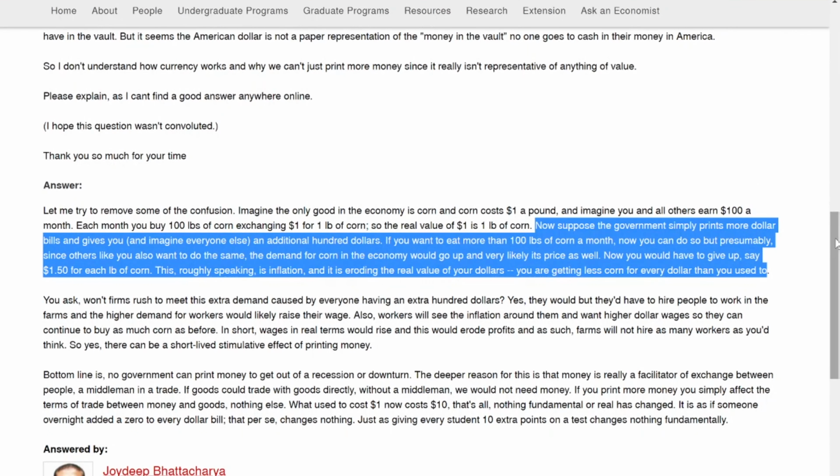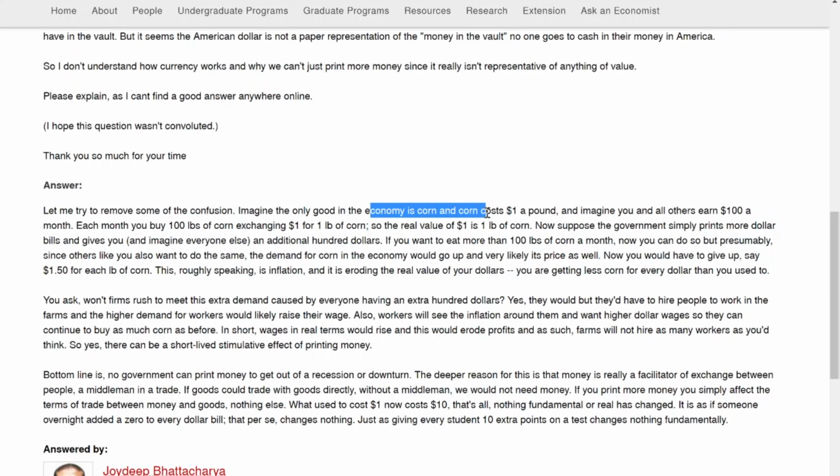So let's go through the example in order to understand further why the currency becomes of lesser value when more is printed. Let's say the economy is corn, and corn costs $1 a pound.